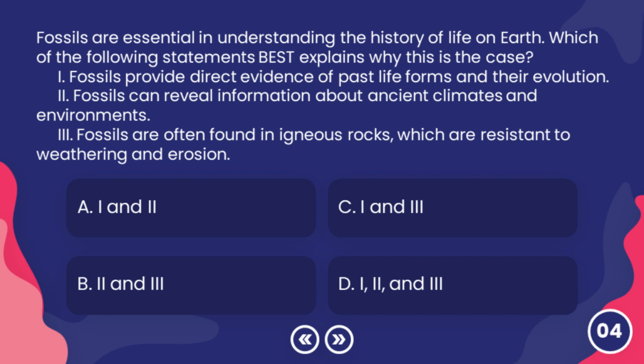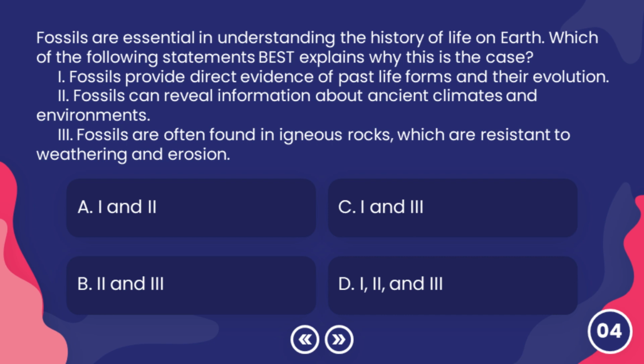Statement 1. Fossils provide direct evidence of past life forms and their evolution. Statement 2. Fossils can reveal information about ancient climates and environments. Statement 3. Fossils are often found in igneous rocks which are resistant to weathering and erosion.